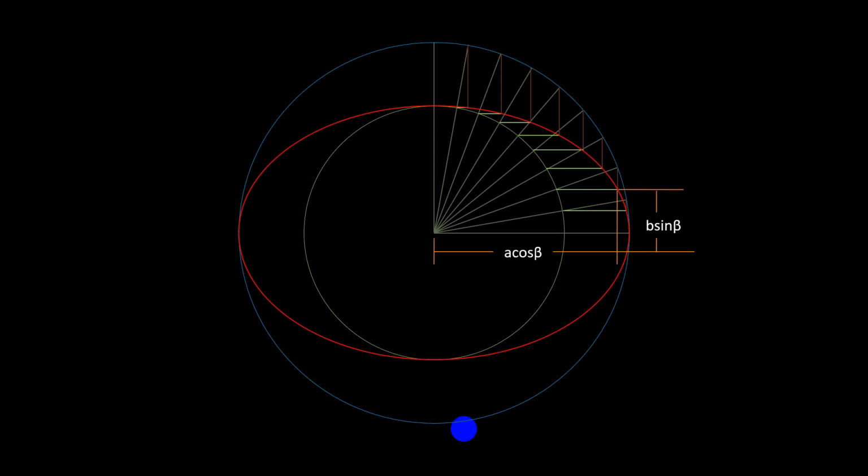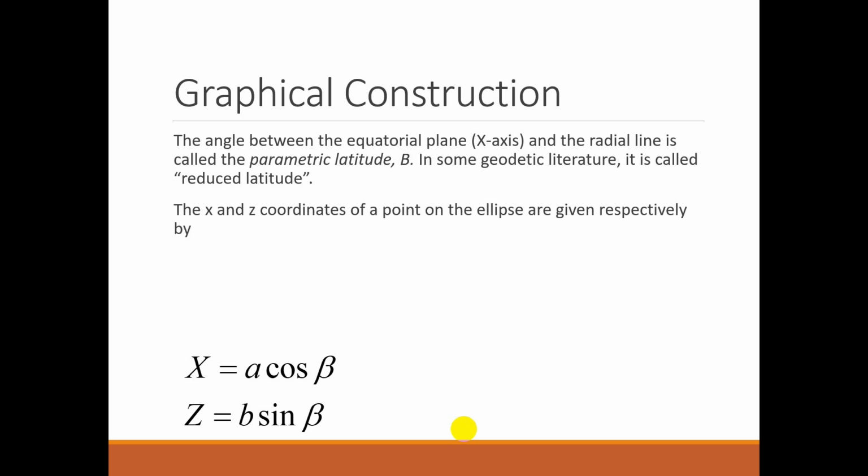The x coordinate can be computed by a cosine beta, and the z coordinate can be computed by b sine beta. In graphical construction, the angle between the equatorial plane, or the x-axis, and the radial line is called the parametric latitude, beta. In some geodetic literature, it is called reduced latitude. The x and z coordinates of a point on the ellipse are given respectively by x is equal to a cosine beta, z is equal to b sine beta.